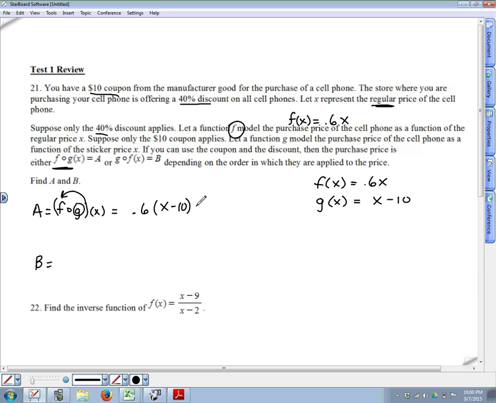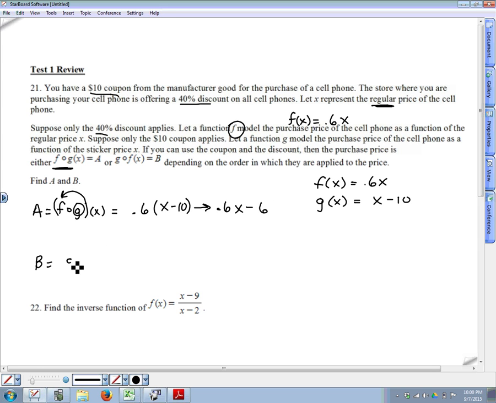So we're going to simplify this. It'll be 0.6x minus 0.6 times 10, which is 6. So what this says is you pay 60% of the regular price, minus $6. Well, not a bad deal.